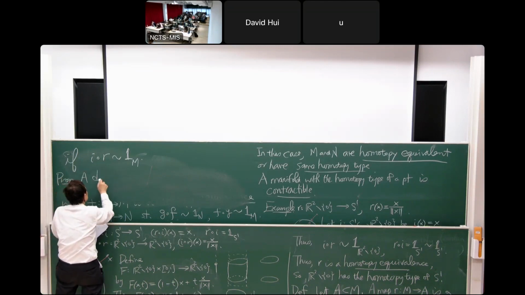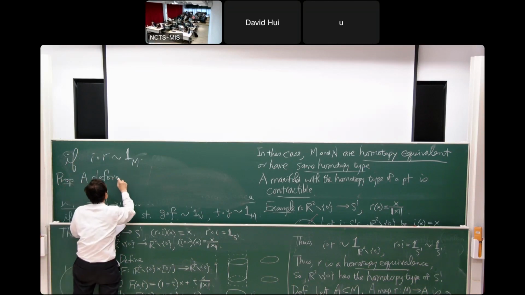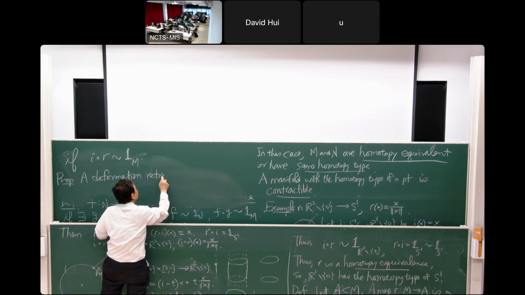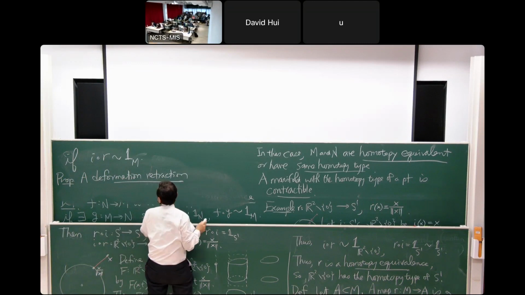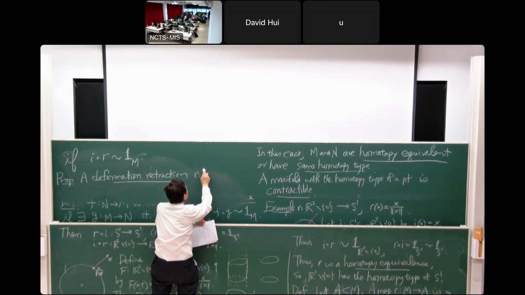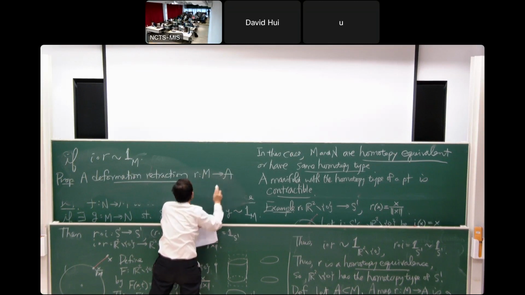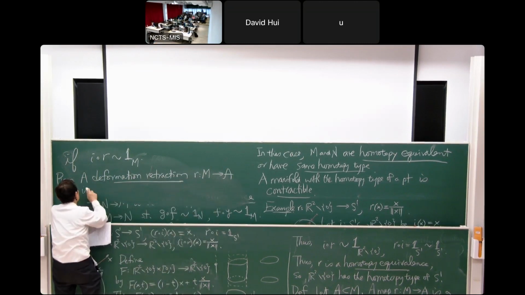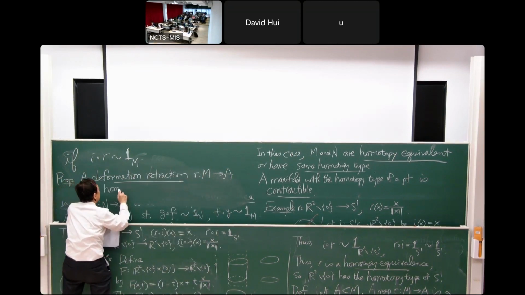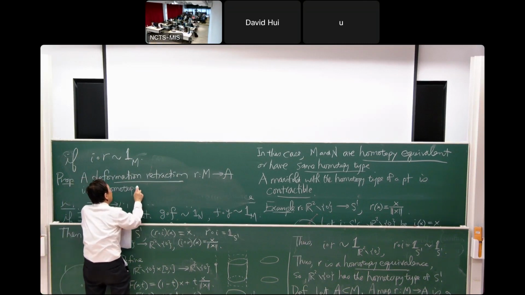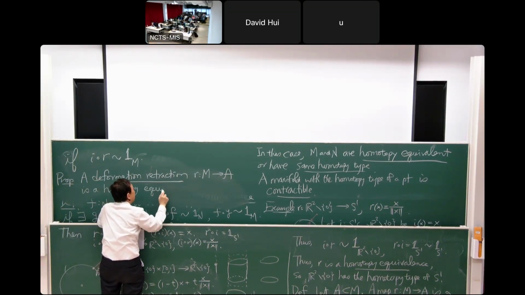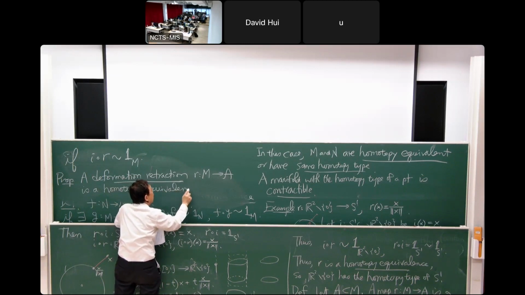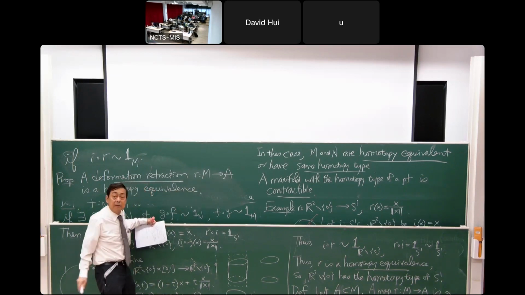A deformation retraction is a homotopy equivalence, so that M and A have the same homotopy type.